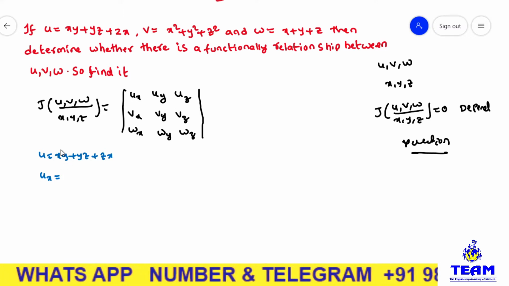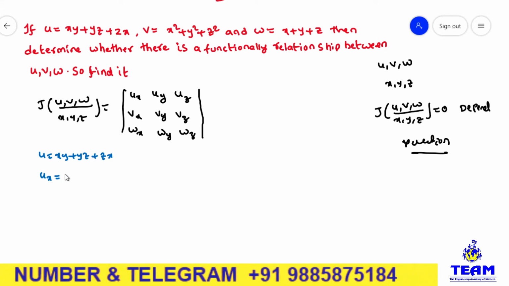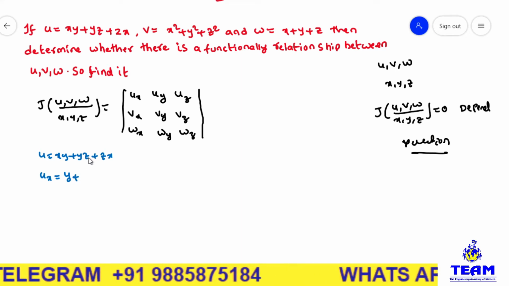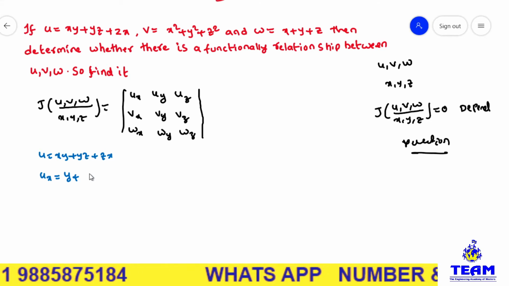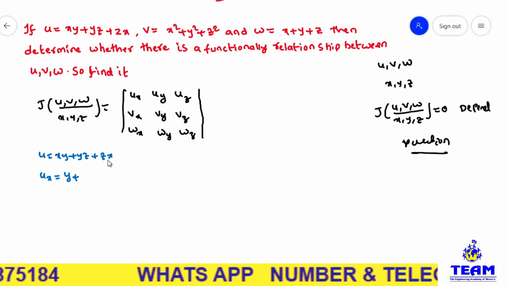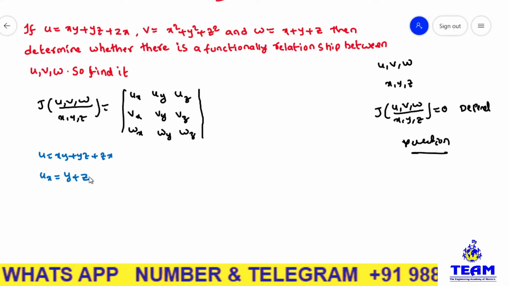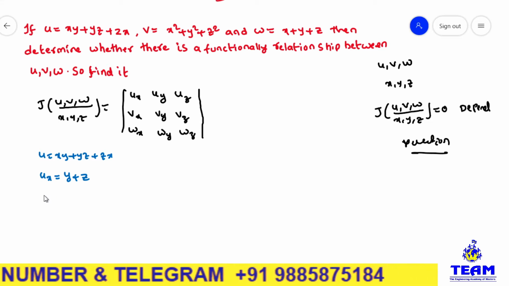The first term contains x and y, so y is independent of x and you consider y as a constant. The x derivative is 1. Here yz is independent of x, so the derivative will be 0, and zx contains x, so the x derivative is 1 into z, which is z only. So dou u by dou x is y plus z.